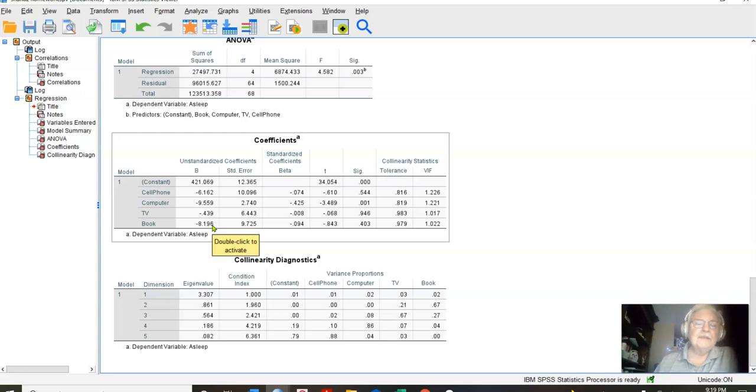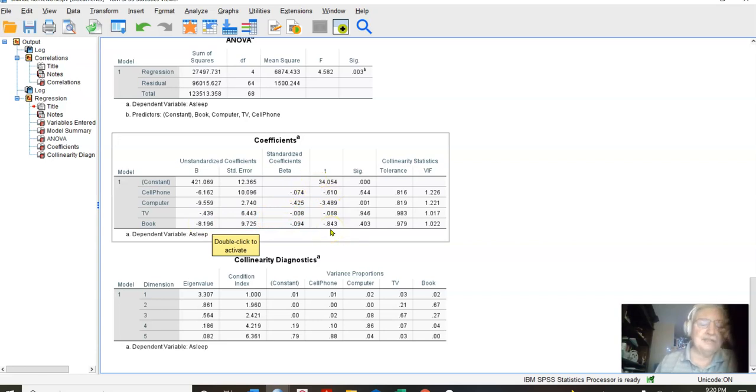Now, in this particular case, since the time is all in the same unit of measurement, these coefficients, in terms of the importance of the various variables, will parallel the betas and the t's.